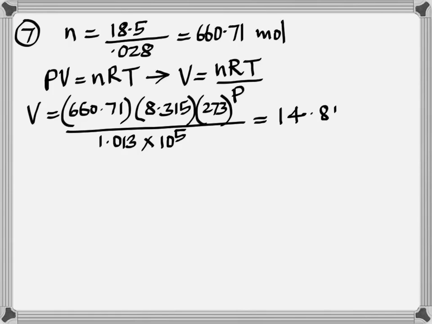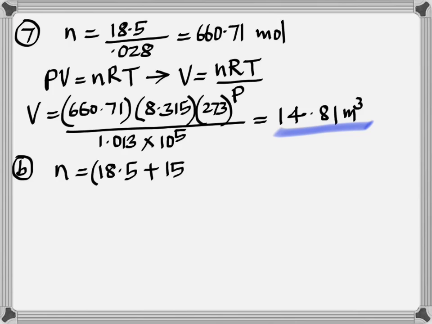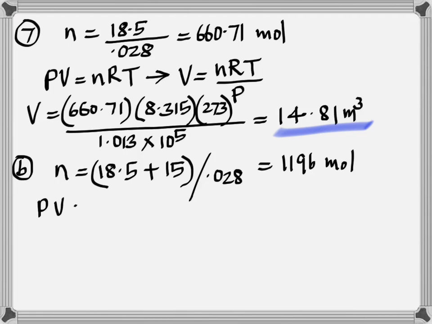It cannot be in ATM. And temperature has to be in Kelvin, unless it's a difference when it could be in Celsius. Now in the B part, find the additional moles that come in, so that's the total number of moles now. And assuming that the volume is constant, find the new pressure.